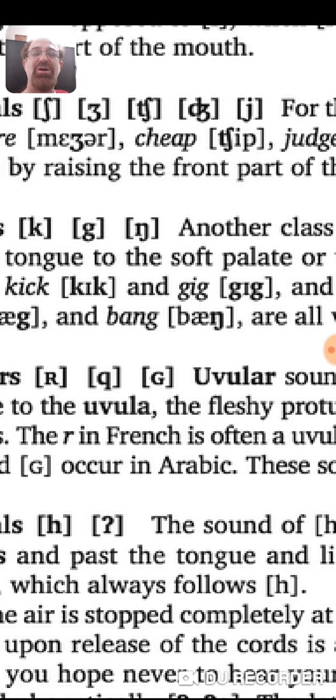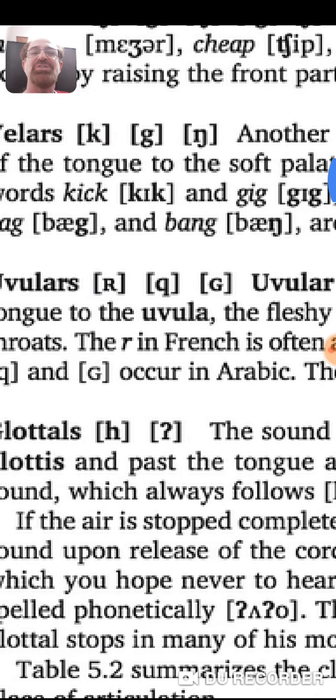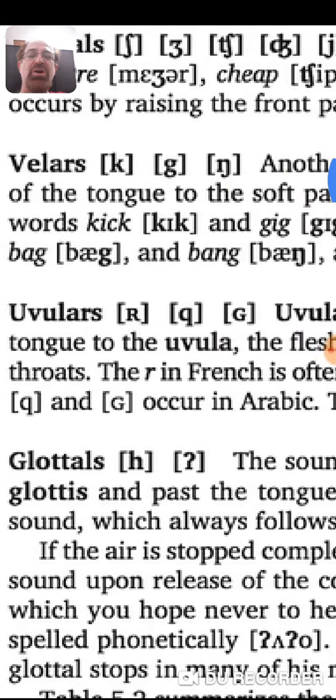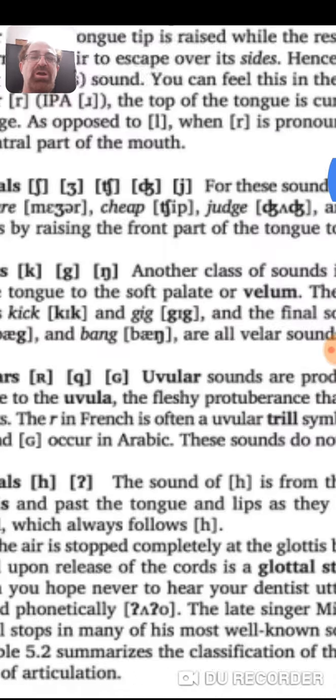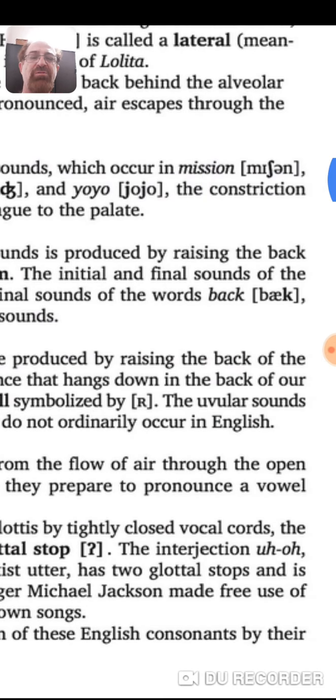Remember, the next one is found in French and Arabic, but not in English. They are uvulars. Let us find examples.